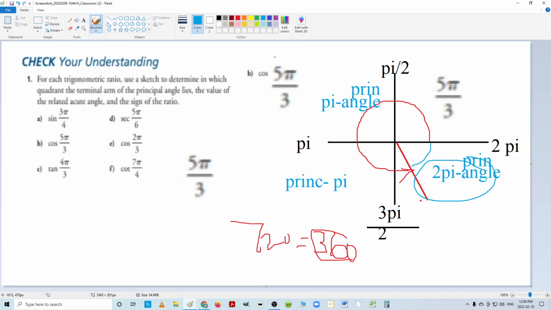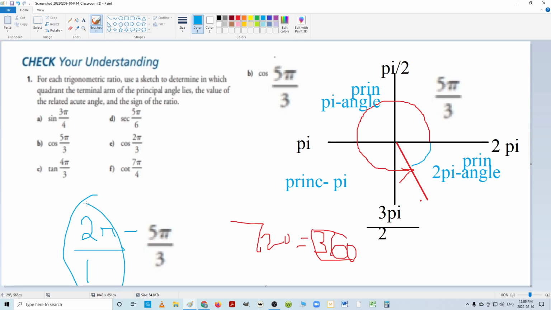Let's look at this then. 2 pi minus the principal angle. Here's the principal angle. We're going to do 2 pi minus that. Well, 2 pi over 1, I need to put it over 3. So I have to multiply top and bottom by 3. When you multiply something by 1, which is 3 over 3, you're not actually changing it.